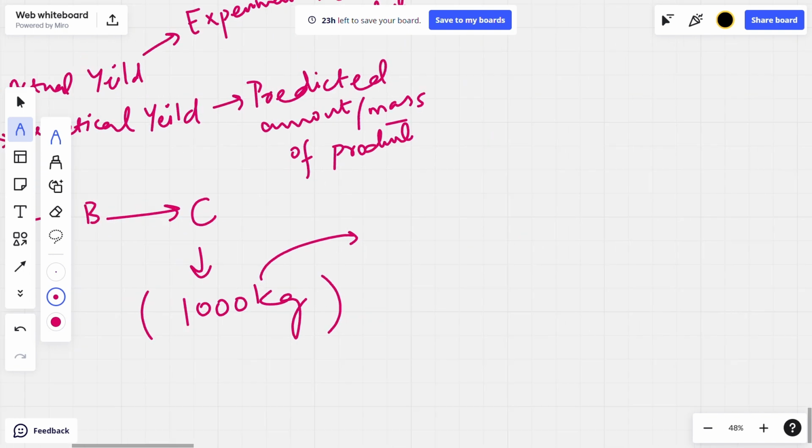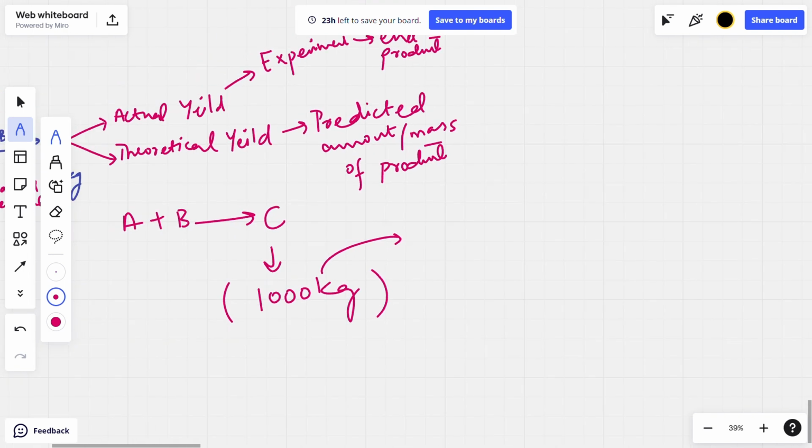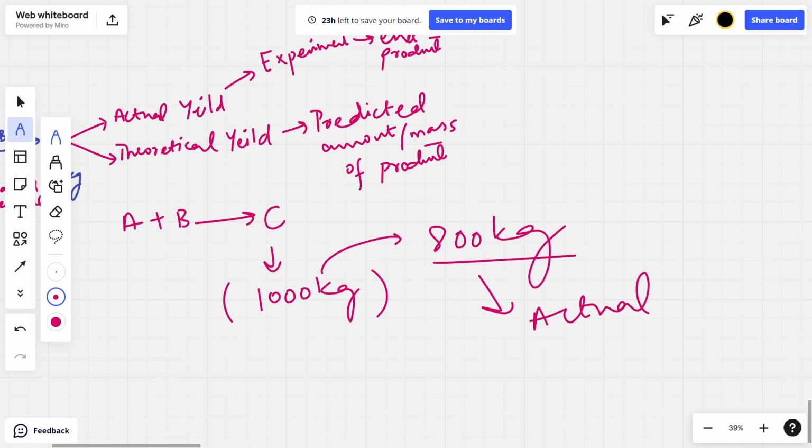But when you do the same experiment in real time, you observe that you only get 800 kg of the product. So this is the actual yield that you have obtained after the end of the chemical reaction, and the theoretical yield is what we calculated through the balanced chemical equation. So you clearly see the difference between the theoretical yield and actual yield.